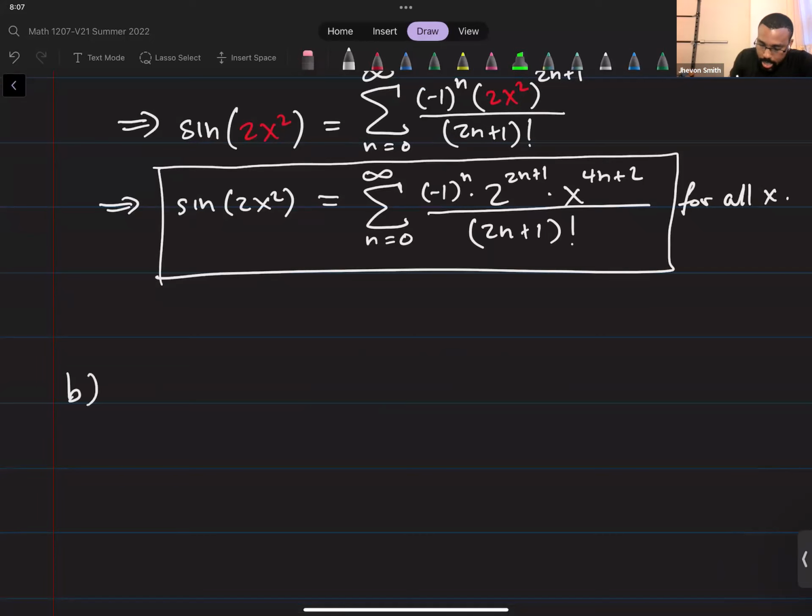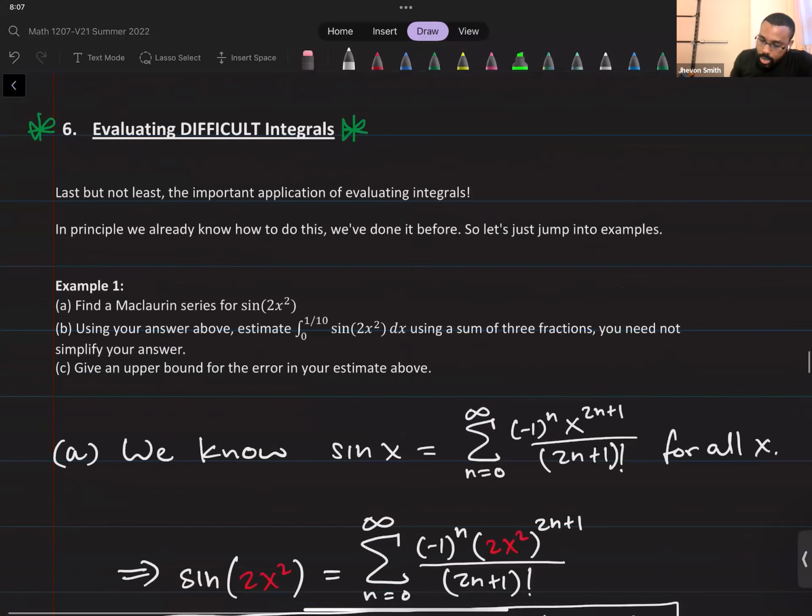So that leads us to B. Now for B, we want to estimate this integral using 3 fractions. Well, I think I reduced this to 2 fractions. I don't know why it says 3.